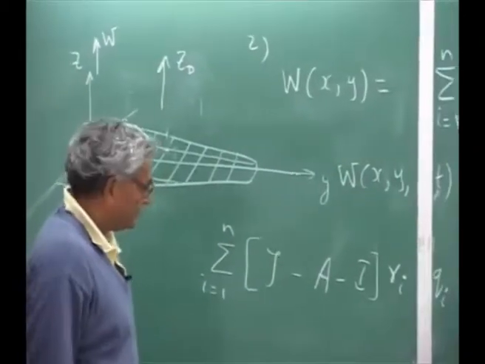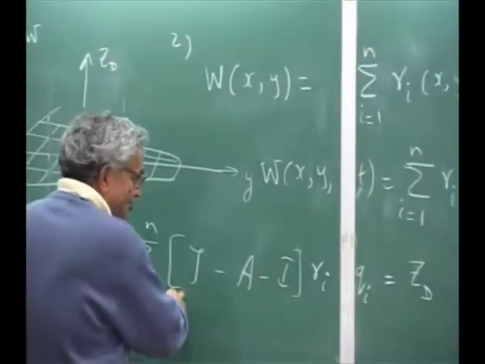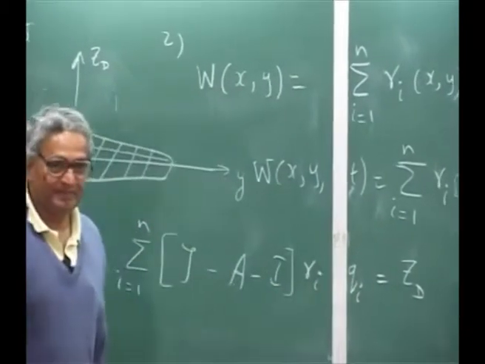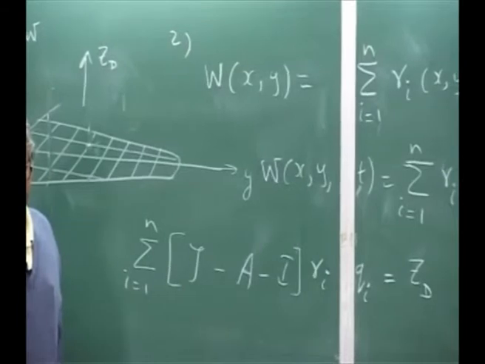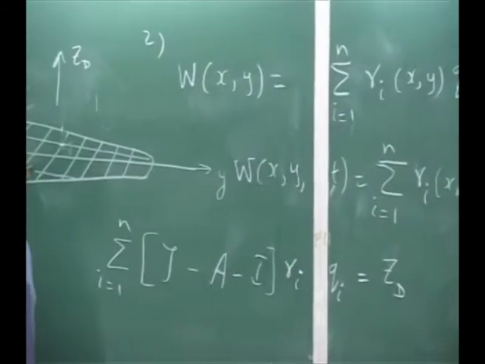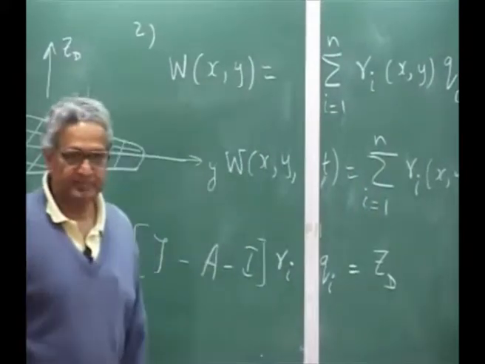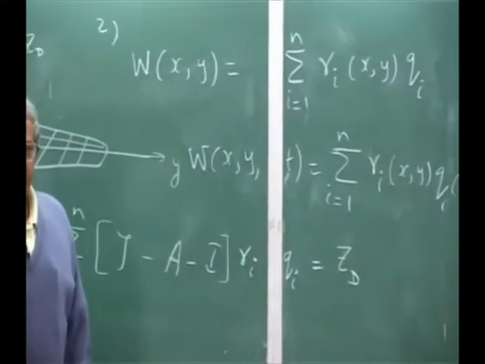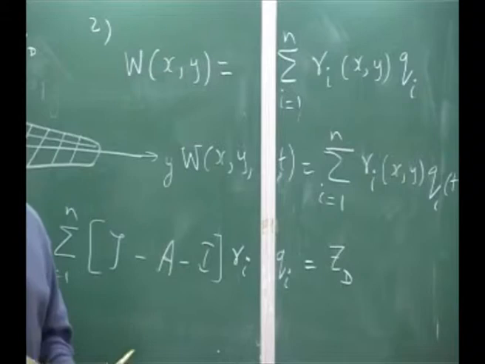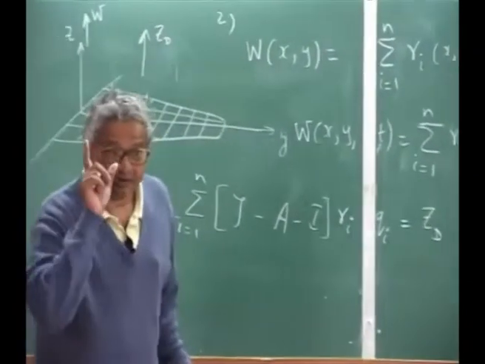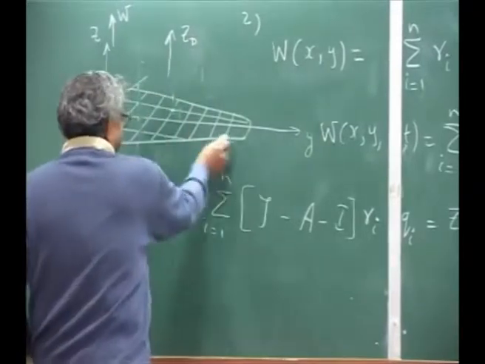Now I need to form, okay, how many q i's do I have? I have n q i's. That means I go and satisfy this equation only at n points on the wing.